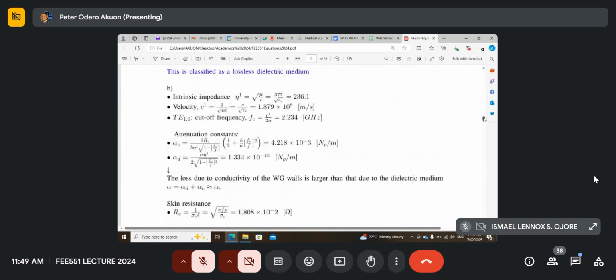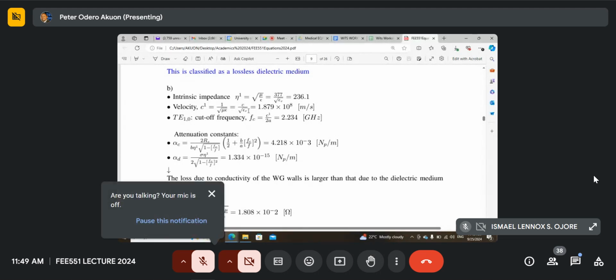So you can use that to calculate the intrinsic impedance. Velocity in this medium definitely will reduce because of that permittivity in the dielectric. So again, velocity we know is 1 over root mu epsilon. So with that, you can divide by the root of the relative permittivity.